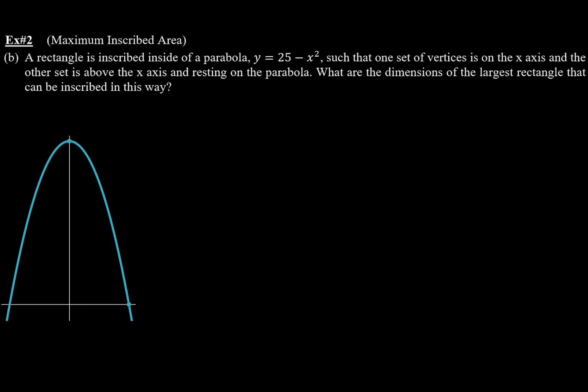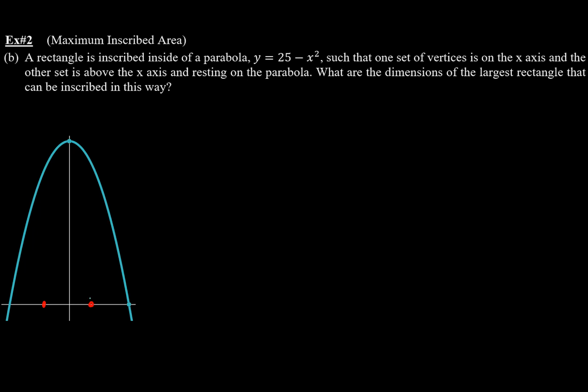Let's take a look at another type of graphing problem. You've got a rectangle inscribed inside of a parabola, 25 minus x squared, such that one set of vertices is on the x-axis. So I'm just going to draw one right here.